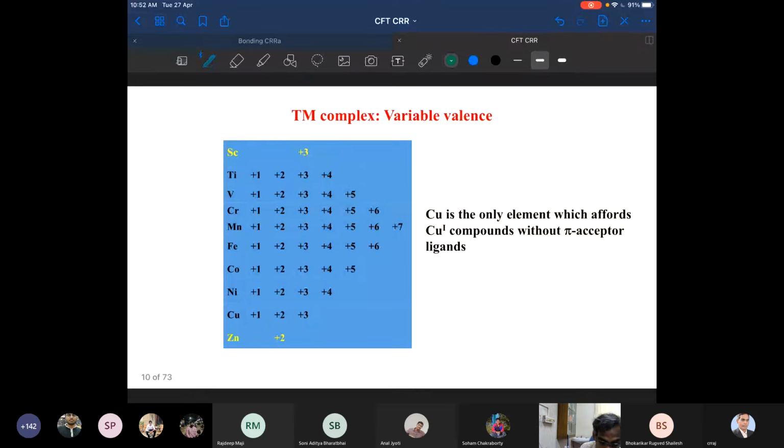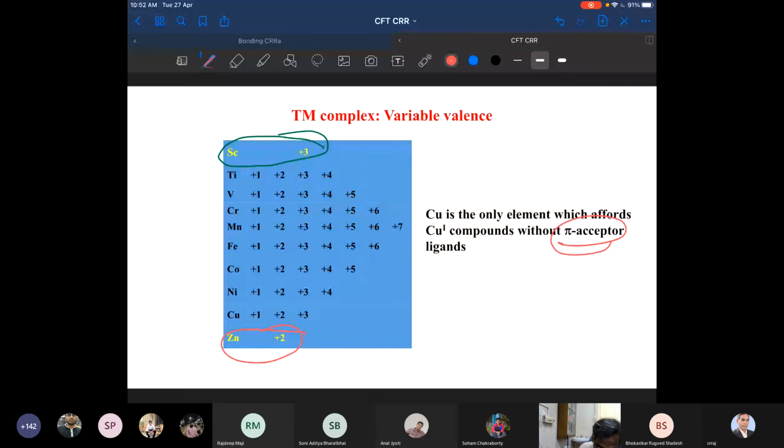As I said, I have already explained the +3 oxidation state, right? And here you have the +2 oxidation state. Only copper has a +1, which can be stabilized with the help of a pi acceptor.